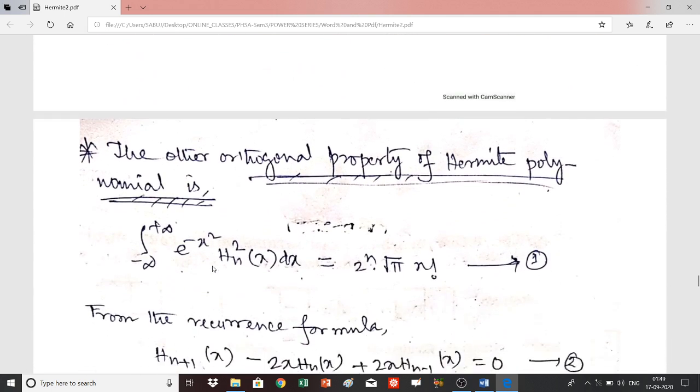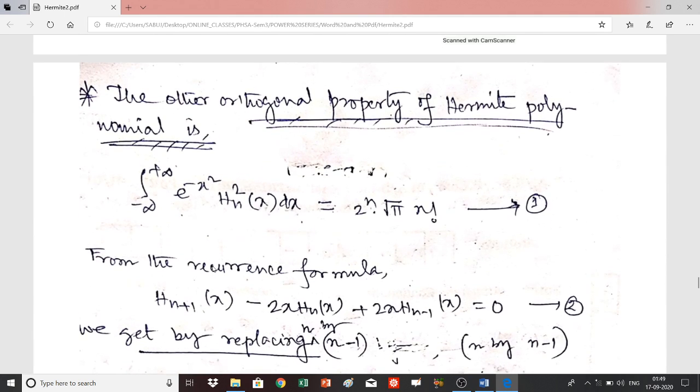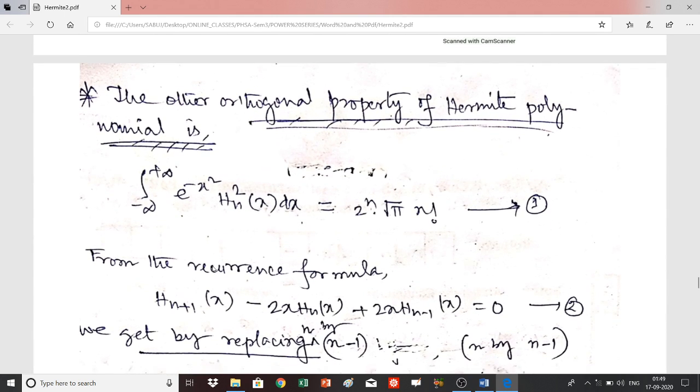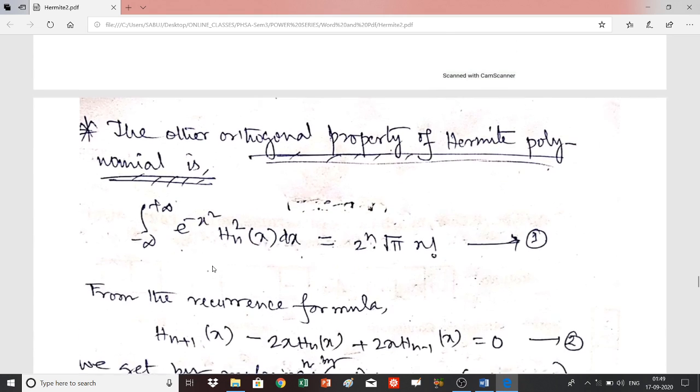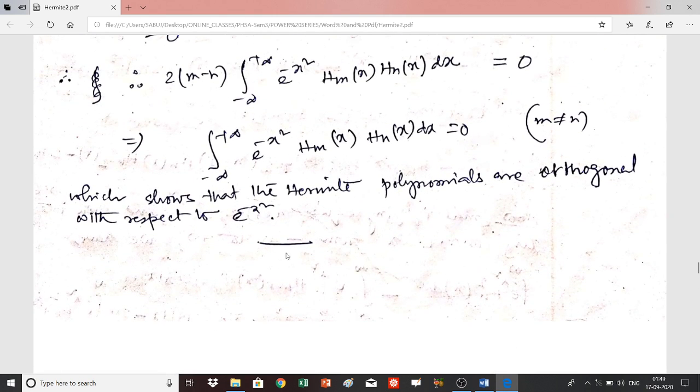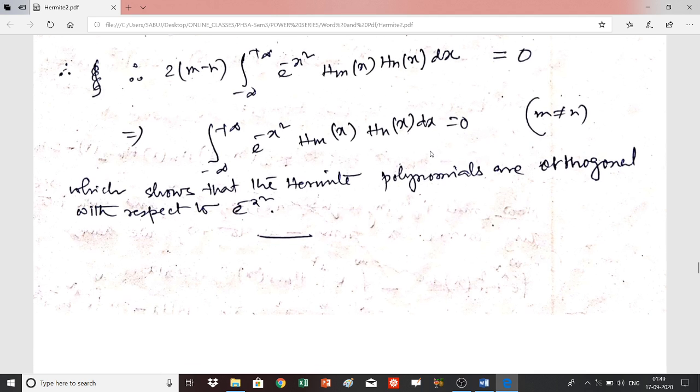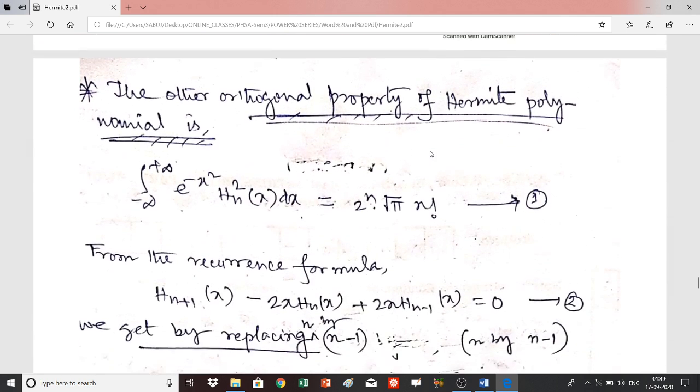Students, this is not the end of this lecture, there is another thing. We have already seen the orthogonality property of Hn, the Hermite polynomials, with respect to e to the minus x square, written in this way. Another form is there which we have to study here.